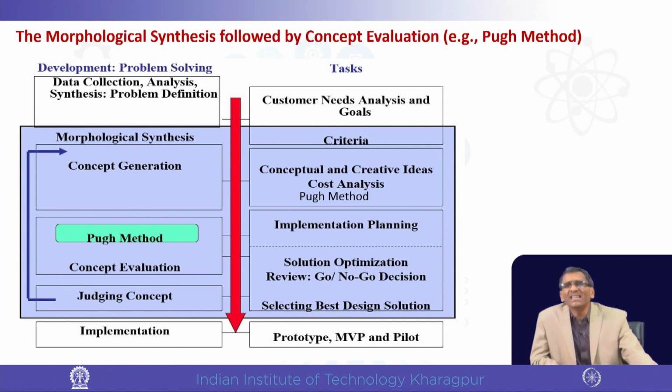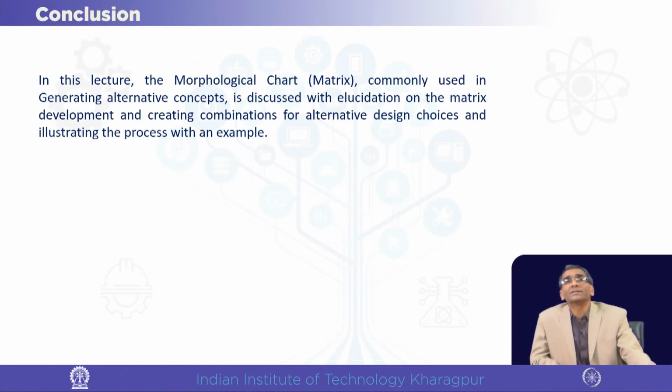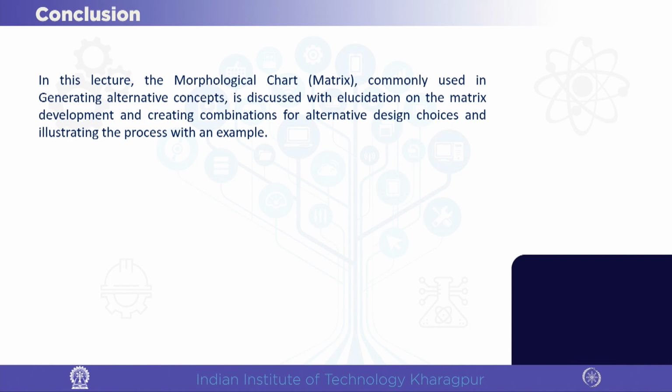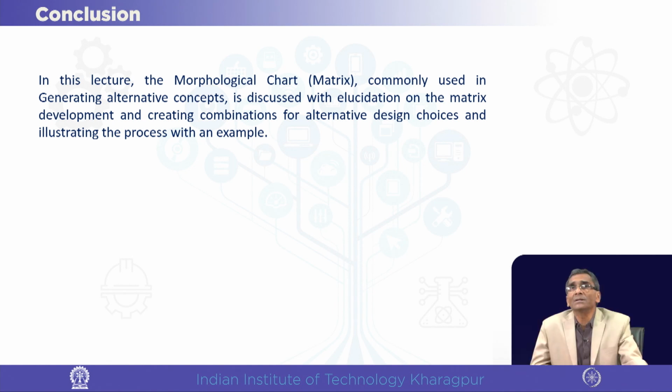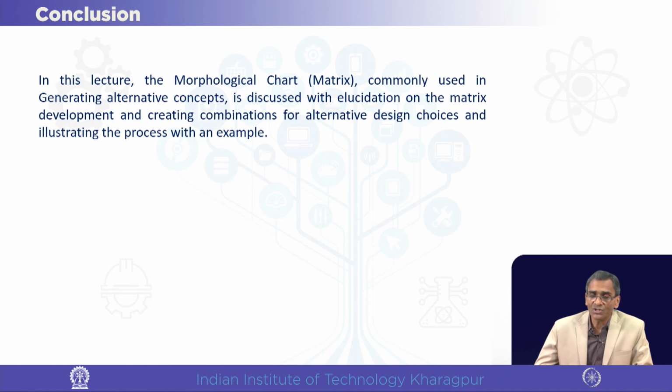So, from here we will take up in the next session. Here I would like to conclude this session: the morphological chart commonly used in generating alternative concepts is discussed, with elucidation on the matrix development and creating the combinations of alternative design choices, illustrating the process with an example, which we did with a forklift truck here.